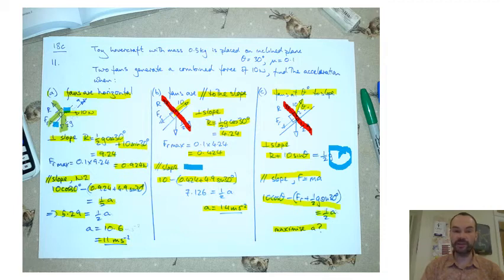Very similar to the expression we had in part A, but this time we have a component of the 10. One should be sine, one should be cosine, as they work in perpendicular directions, and that matches. Maximize a. The only thing we can change is theta.